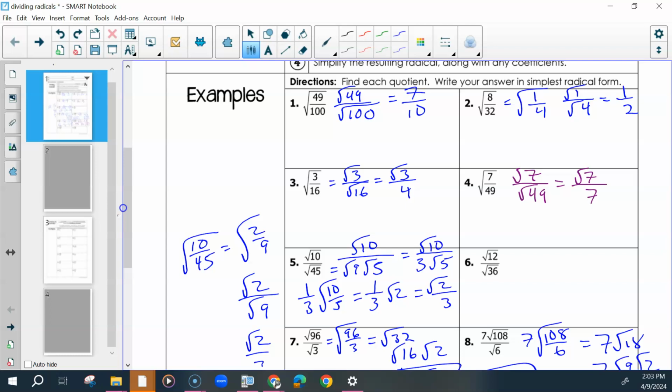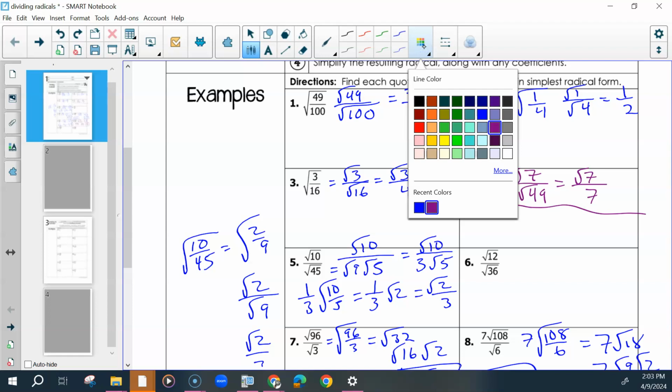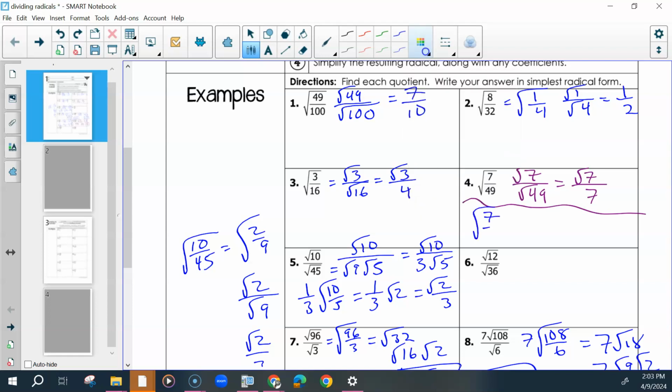However, if we had divided, this would give us 1/7, and then I would break that apart. I know the square root of 1 is just 1, but then I get this radical in the denominator, and that's where things get iffy. This is where your rationalizing the denominator would come in. So what we're going to do is take that radical, multiply it in the denominator, and what we do to one piece of the fraction, we have to do to the other, so we're going to multiply it again here.